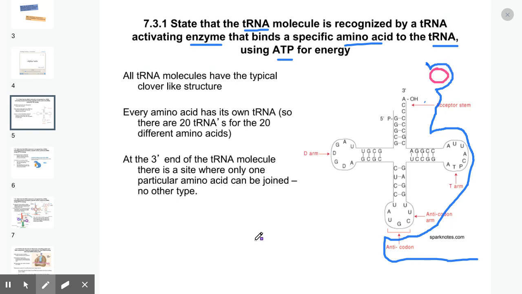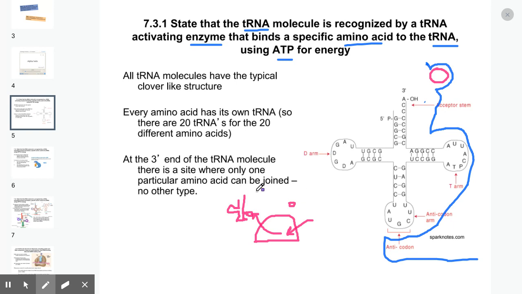If you remember, we were talking about translation, and the transfer RNA comes in, it drops off its amino acid, and then it leaves amino acid-less, right? The transfer RNA molecule lost its amino acid because it gave it up to form that growing polypeptide, which will eventually be our protein.